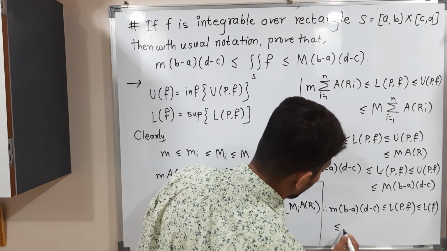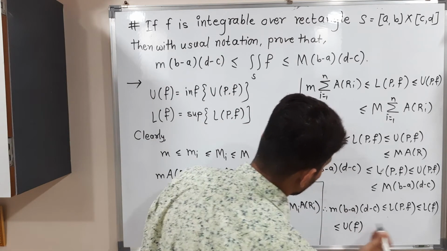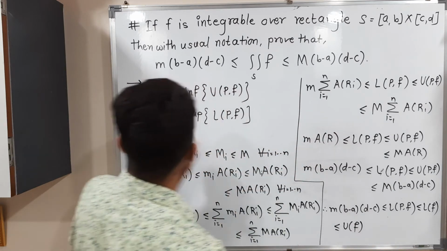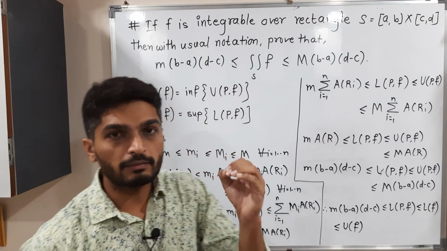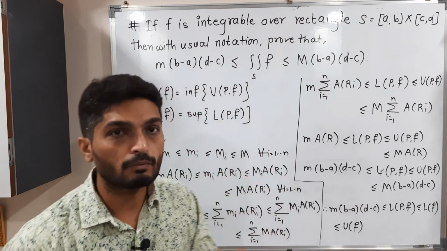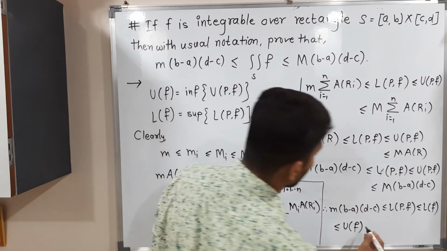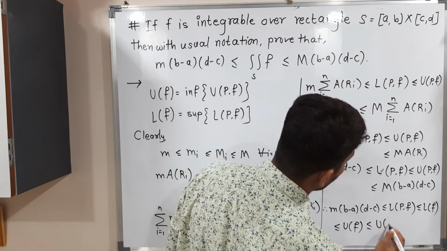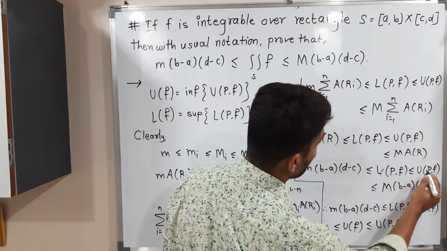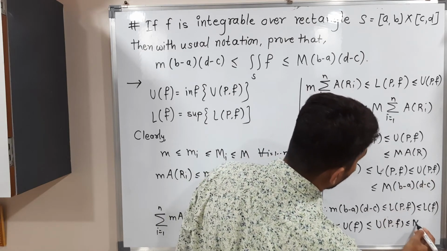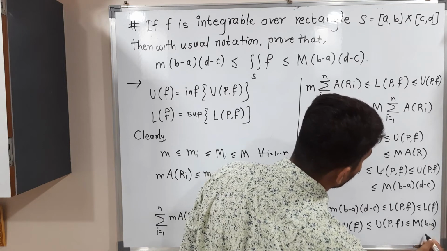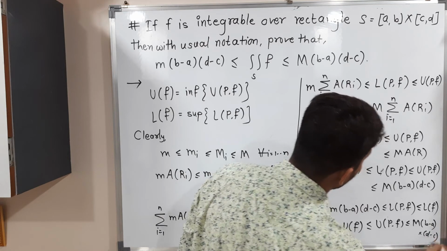This is less than or equal to UF, and UF is the infimum of UPF. So UF is less than or equal to UPF, and again UPF is less than or equal to M(B minus A) into (D minus C).